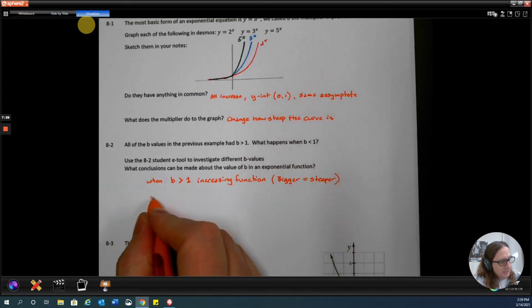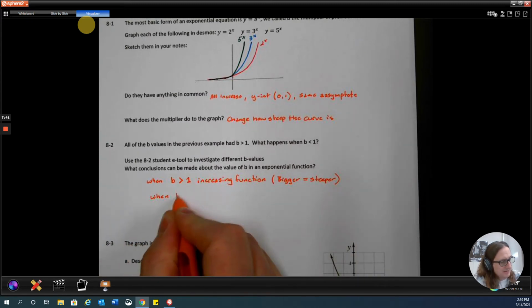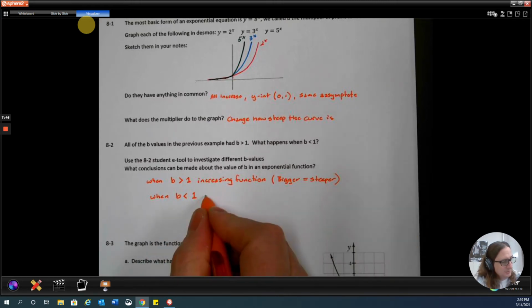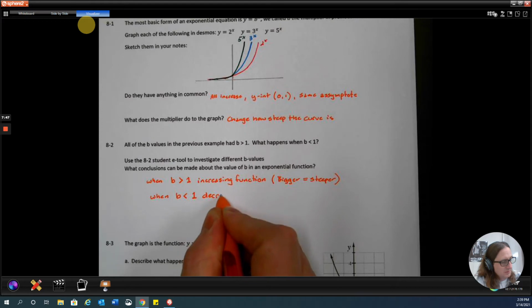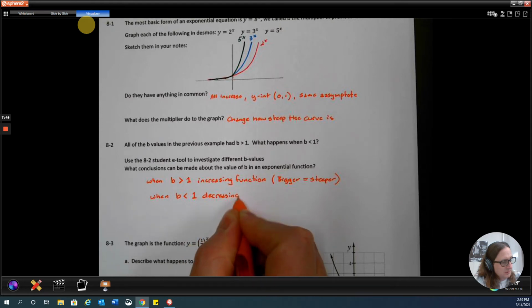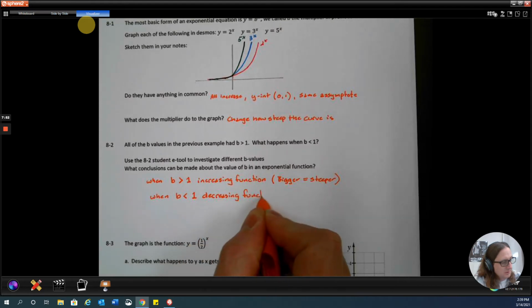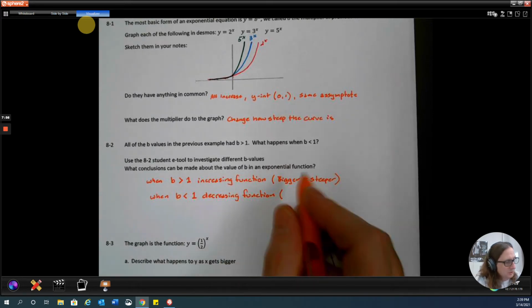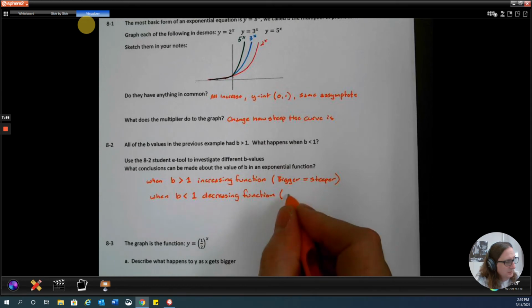But then when the b value was less than 1, it became a decreasing function. And we saw as it got closer to 0, it was steeper.